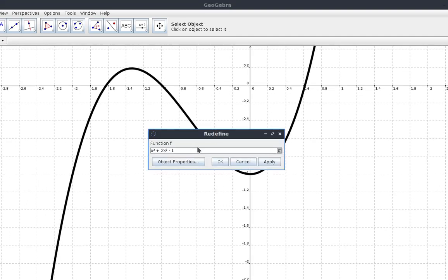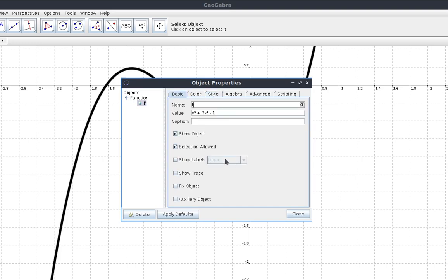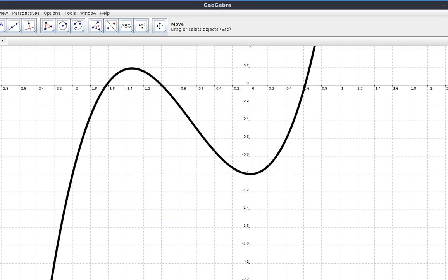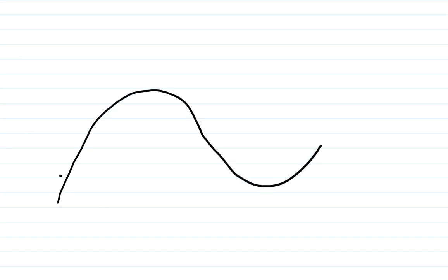Alright, so this function, let's show the label for the function so we don't forget. x cubed plus 2x squared minus 1. It kind of looks like this.